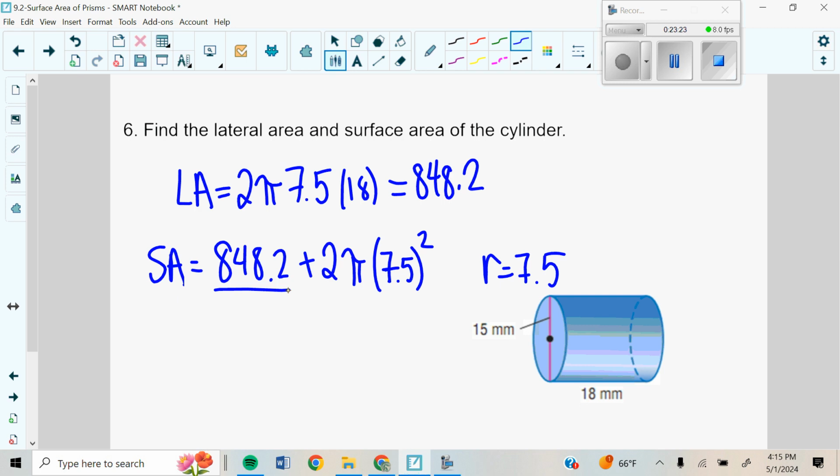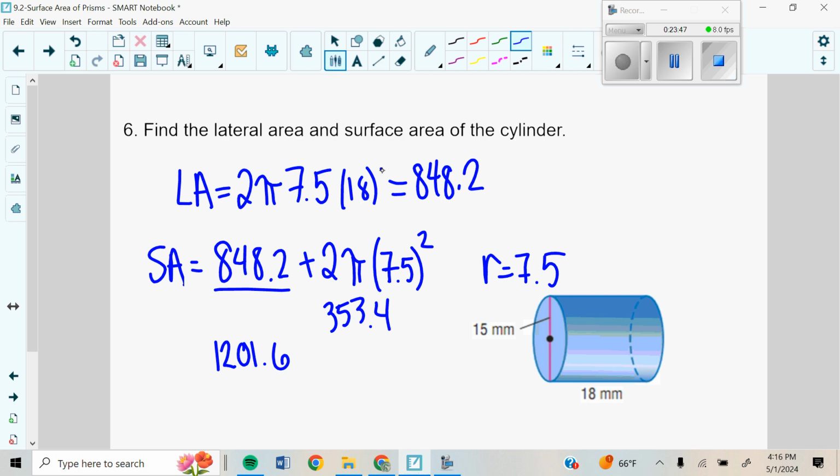And I get, all right, 1,201.6. So here's the thing. If we do 2 times pi times 7.5 squared, this is 353.4. Now, if we add those together, we get the 0.6.